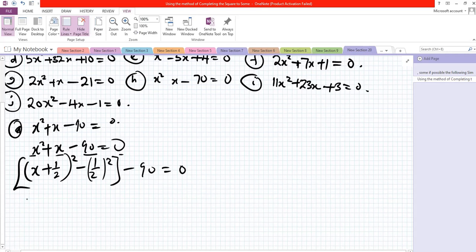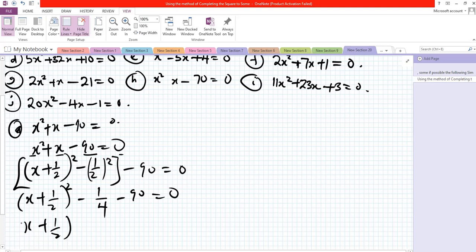Now we have x plus 1 over 2 all squared minus 1 over 4 minus 90 equal to 0. So we have x plus 1 over 2 all squared. This is 360, so 360 plus 1, this will have minus 361.